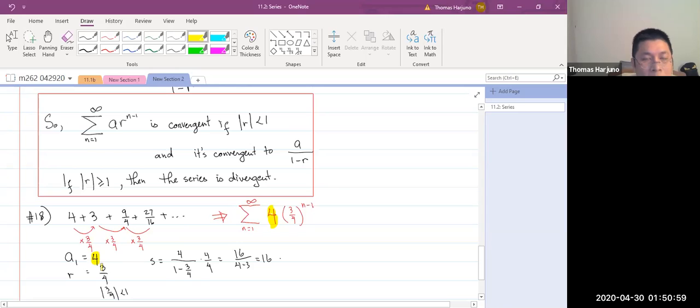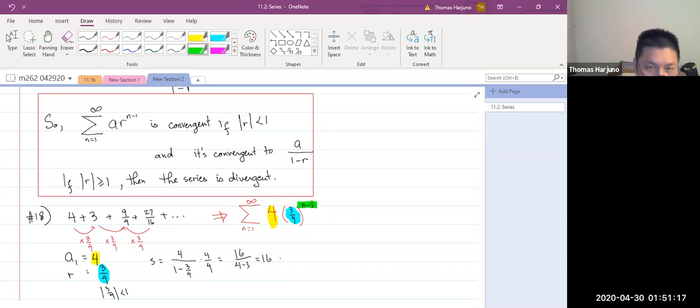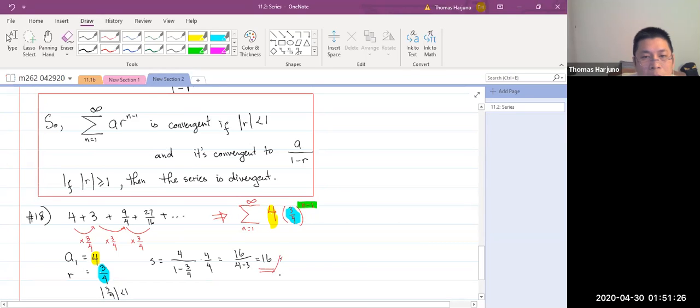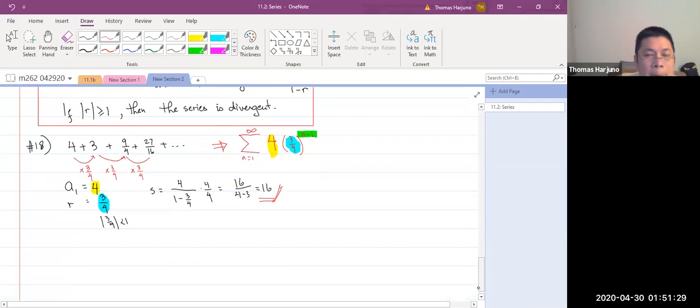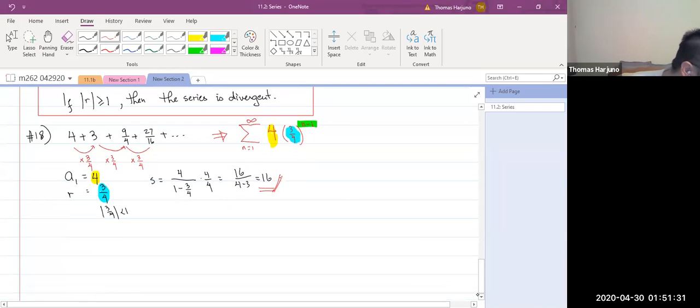This is my ratio. And my exponent is always n minus 1. The sequence is a geometric sequence, but because I put a summation notation in front of that, it becomes a geometric series. According to our formula, this is the infinite sum. That's for number 18.